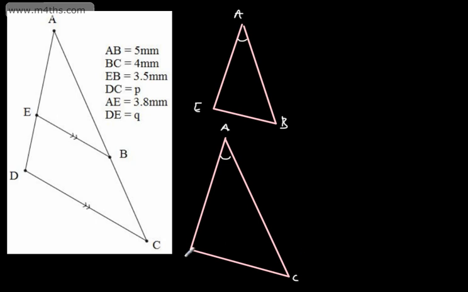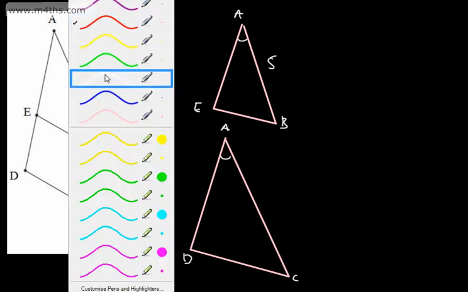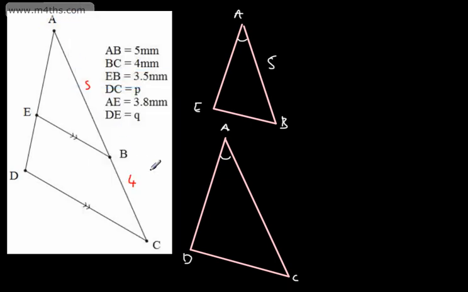So let's put on the side lengths. A to B is 5. B to C is 4. So if this is 5 and this is 4, then A to C is going to be 9. The advantage of not splitting it up is that you could probably see that, but I still like to do that.